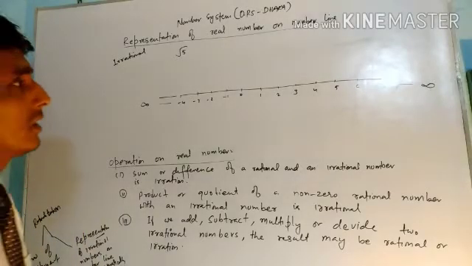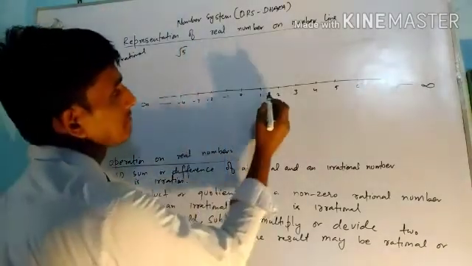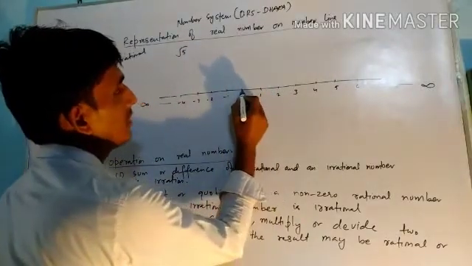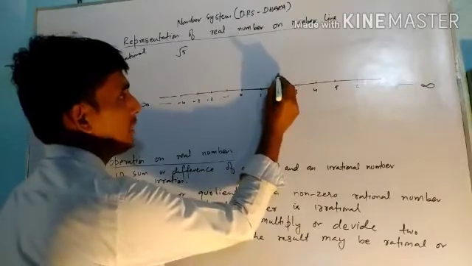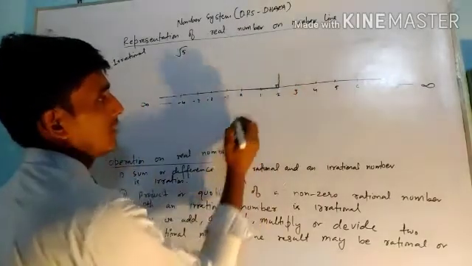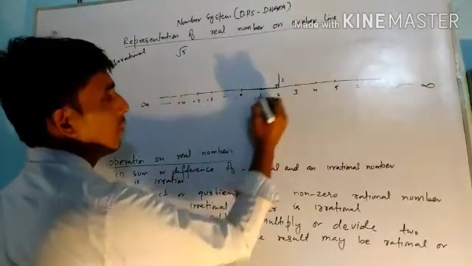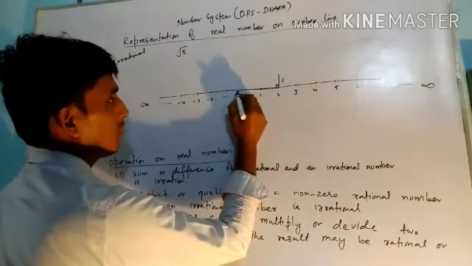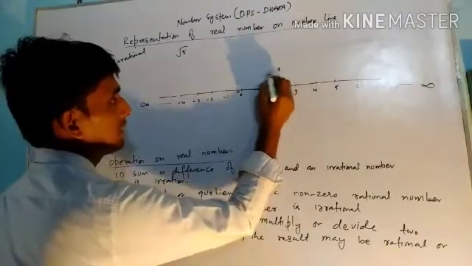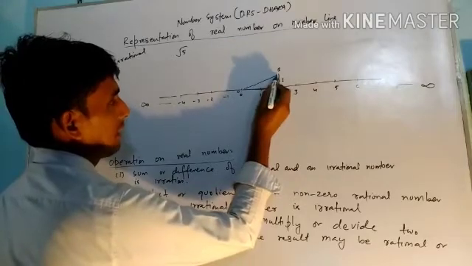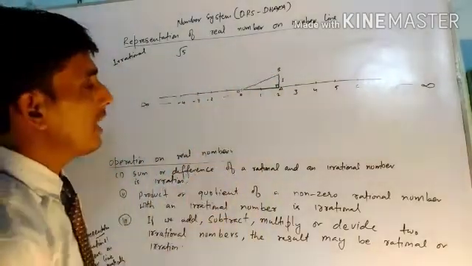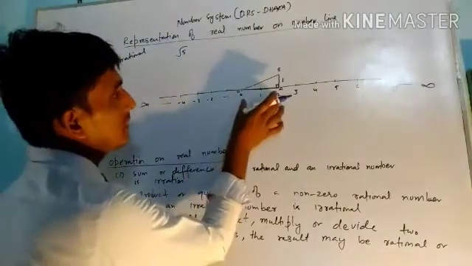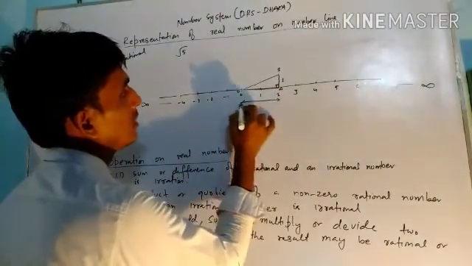In one method, from 0, take 2 units along this and take 1 unit along the perpendicular. So this is 2 units and this is 1 unit. Suppose this point is O, this is A, this is B. In the previous lecture I discussed this.